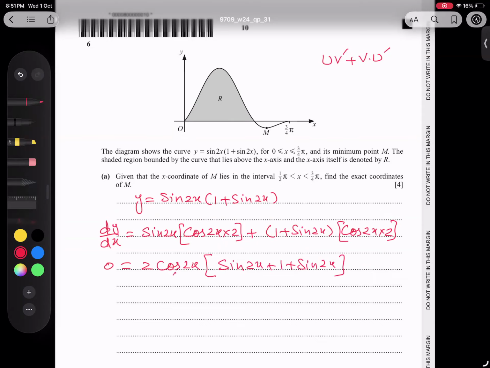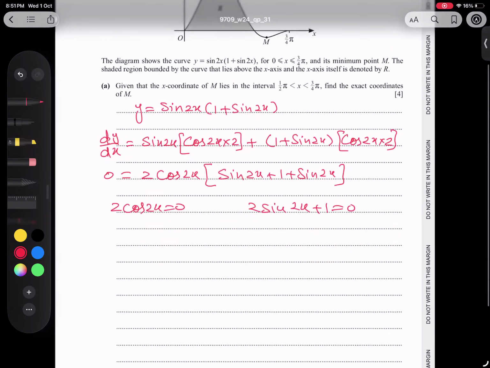So either this part equals 0 or this full part equals 0. So I write 2 cos 2x equals 0, or 2 sine double x plus 1 equals 0.